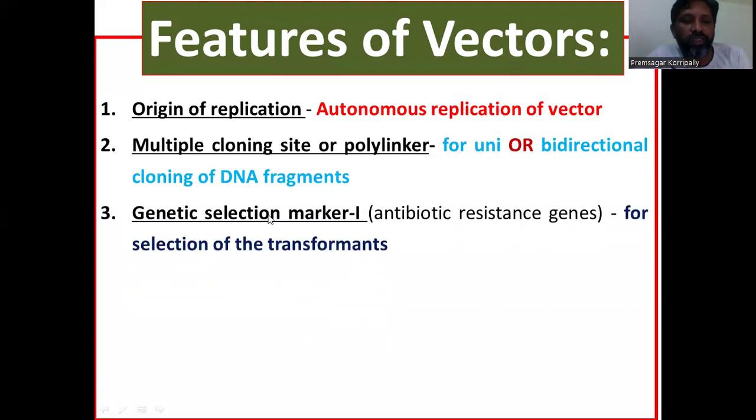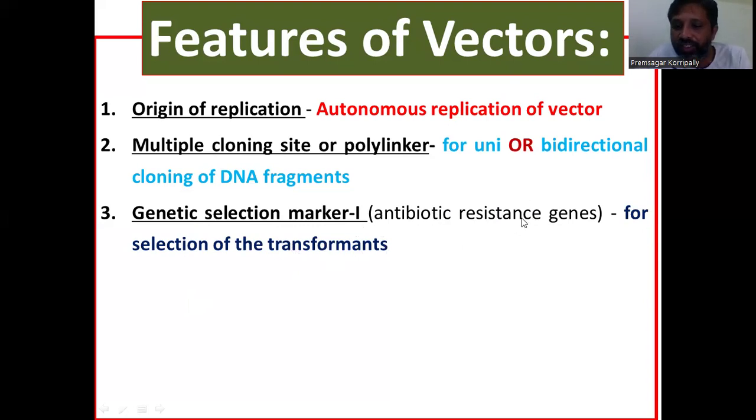The third most important one is the genetic selection marker. When you clone your gene of interest into the MCS, the multiple cloning site, and then transform into the system, maybe E. coli, yeast, or mammalian cells, then you need to select the transformants. Transformants could be with an empty vector or recombinants. Transformants can be selected when your vector has an antibiotic resistance gene.